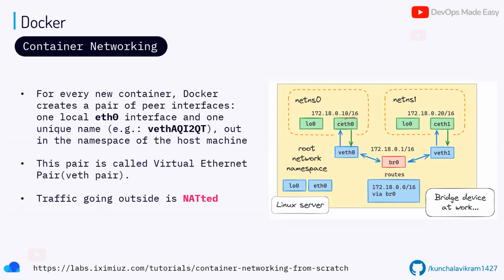Now every container should have its own ETH0, Ethernet connections, and that should be connected to the default bridge network, Docker 0. That is possible through virtual Ethernet connections like this, which connect one end to the container and the other end to the Docker 0 bridge network. If you create any custom bridge network, the same concept applies. This BR0 or Docker 0 is the default bridge network.